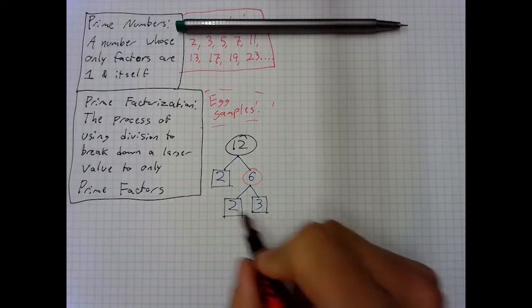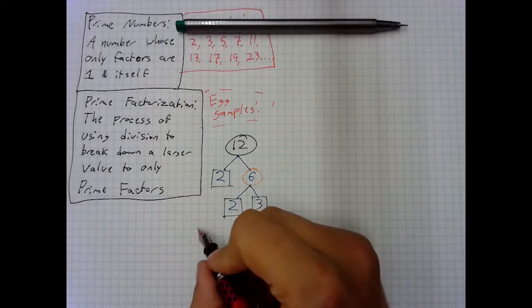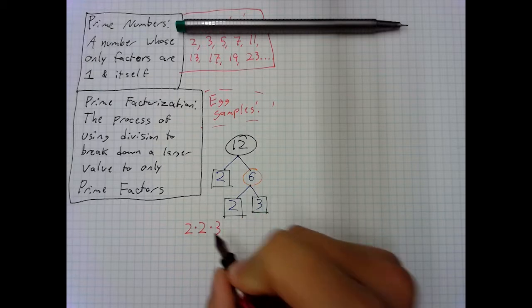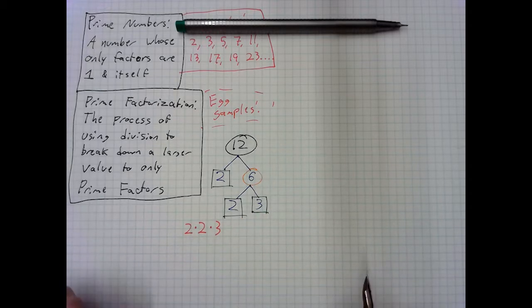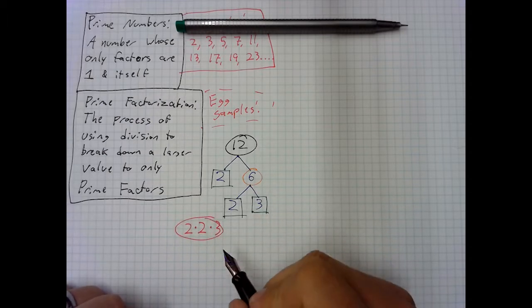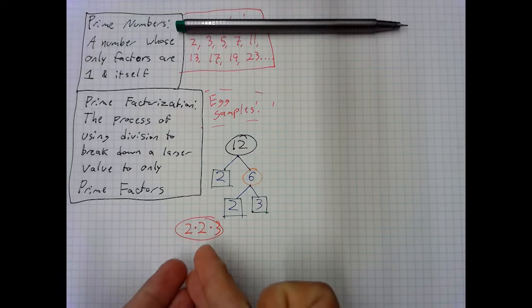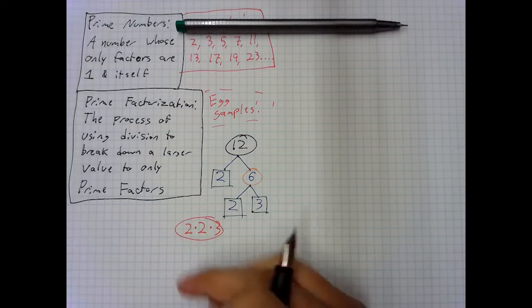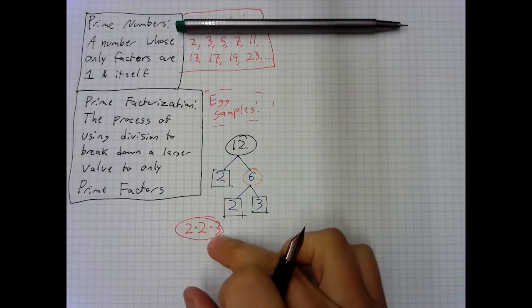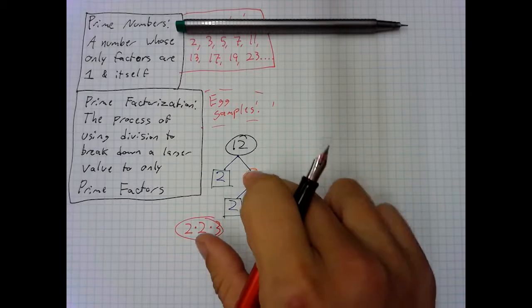The easiest way to do that is just write it in the order it appears. We have 2 times 2 times 3. That's my answer. This is the prime factorization of 12. And you can check it by actually doing that multiplication. 2 times 2 will give me 4, times 3 will then give me 12.